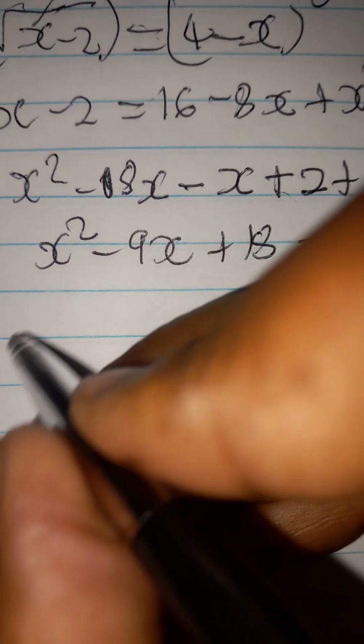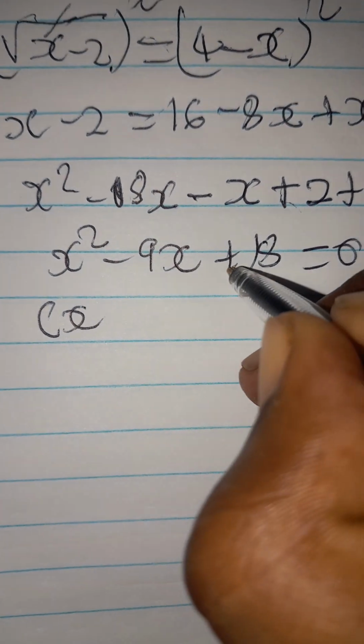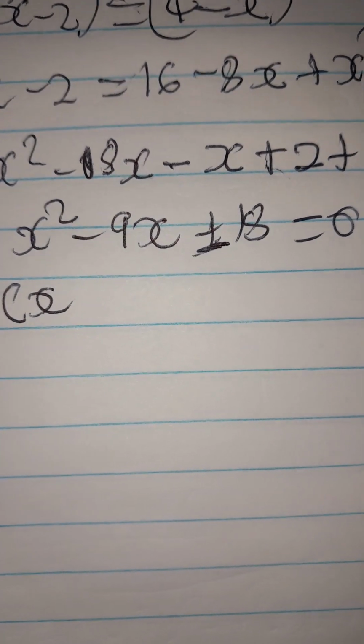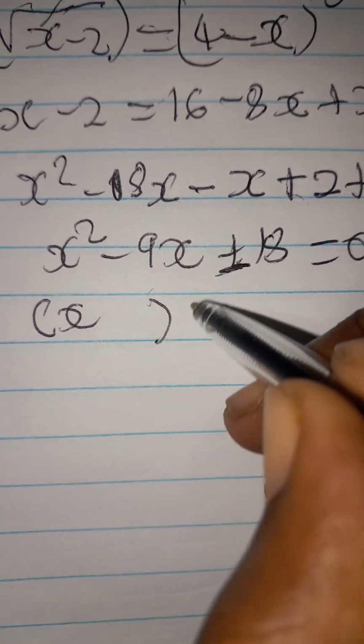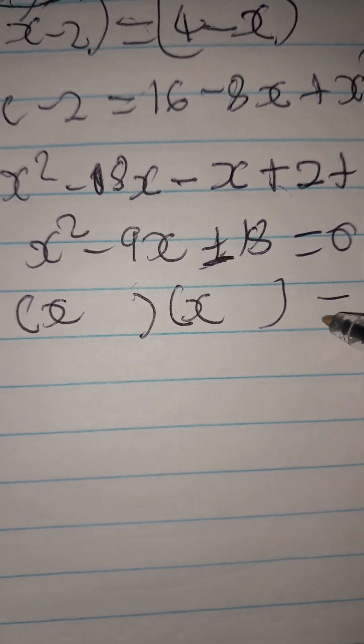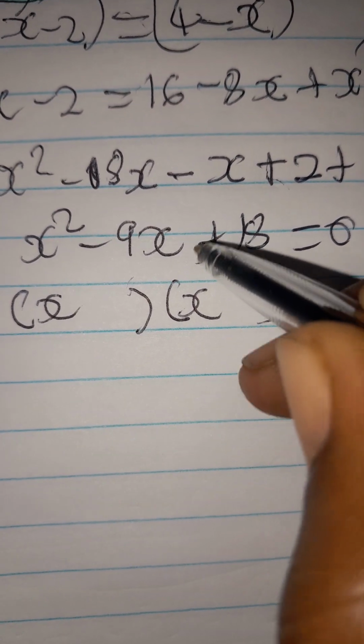Okay, right, so we need to find the factors that will give us 18 and 9. Definitely it should be 3 and 6, right? Since the last sign in this trinomial is positive, we will have the same signs. It only becomes different when it's negative here.